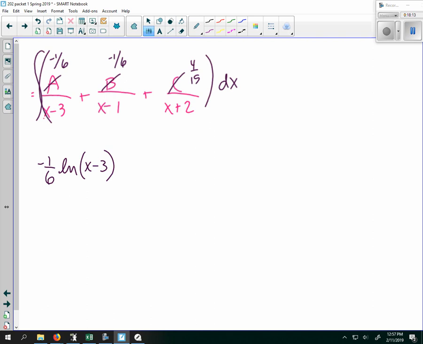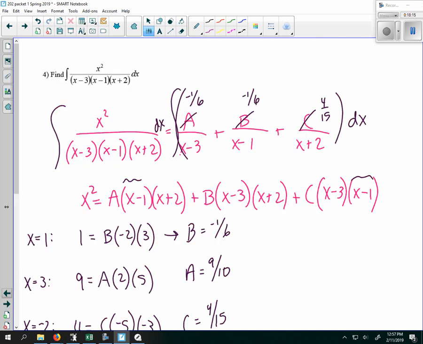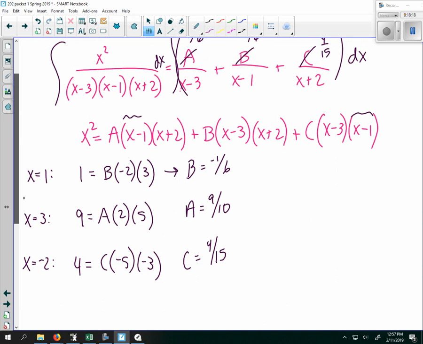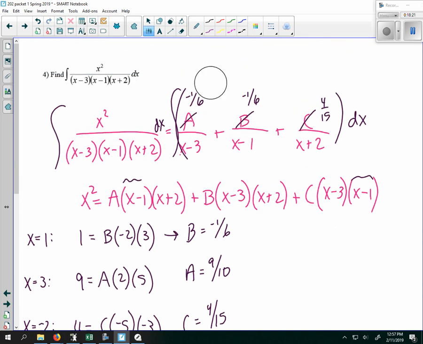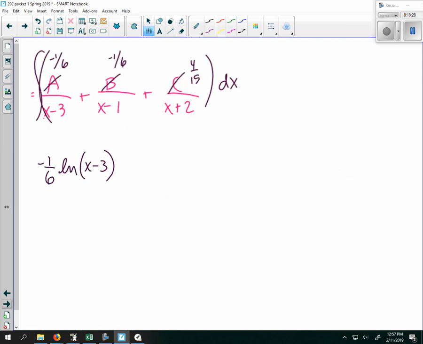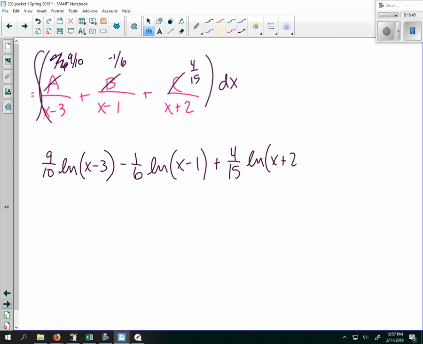These were not both negative 1/6. I messed up. A was 9/10. Okay, 9/10 ln of x minus 3 minus 1/6, the ln of x minus 1, plus 4/15, the ln of x plus 2, plus c.